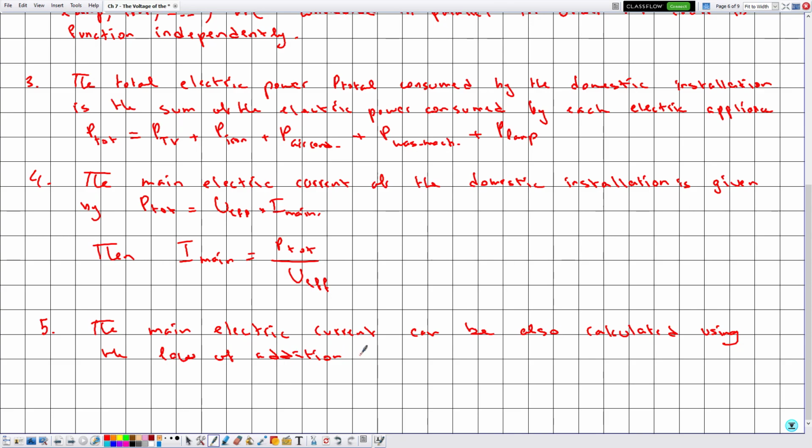Because we know that electric appliances in a domestic installation are connected in parallel, so we can apply the law of addition of currents.